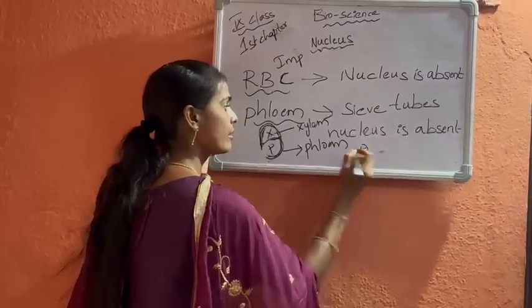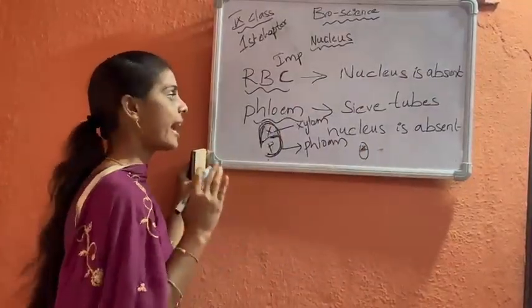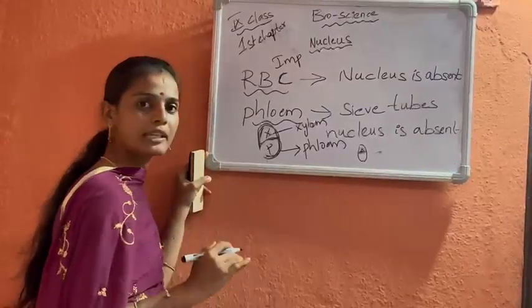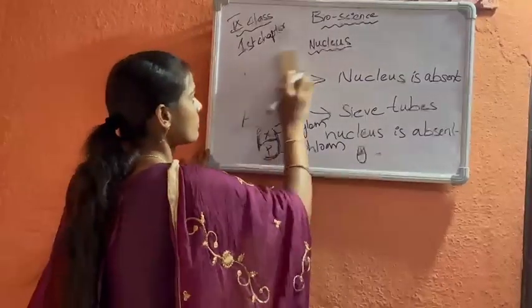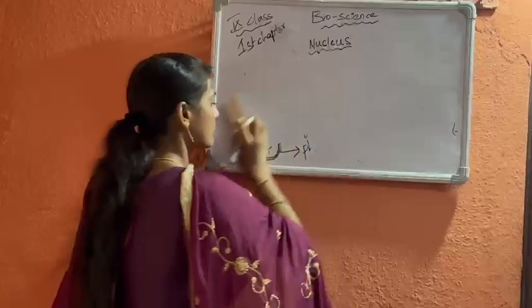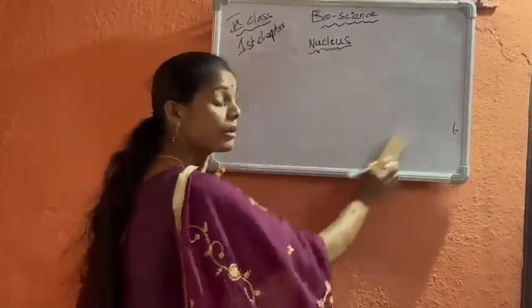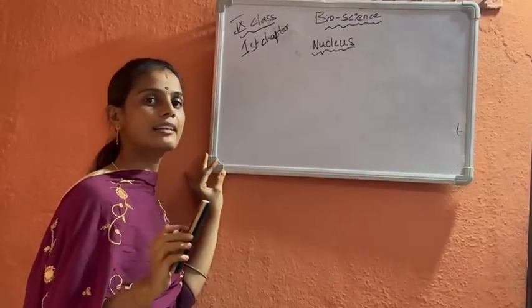In RBCs, nucleus is absent, and in sieve tubes of phloem also the nucleus is absent.